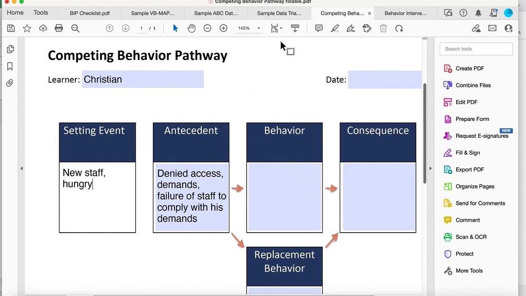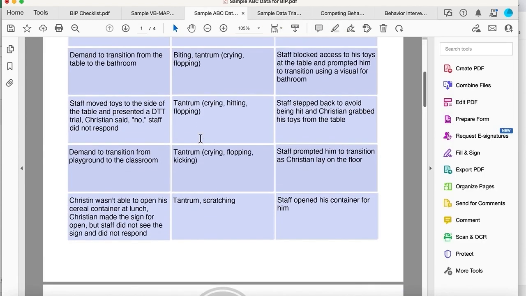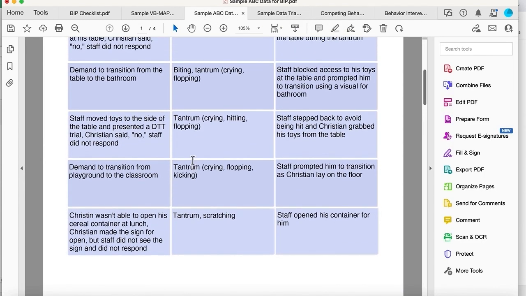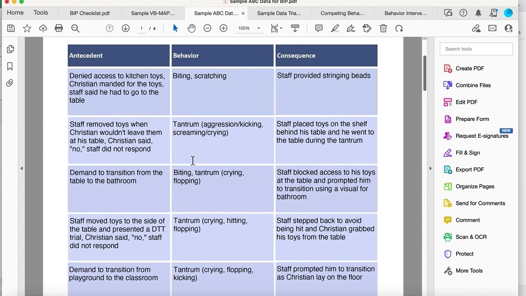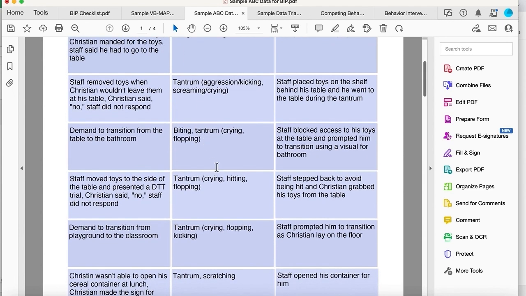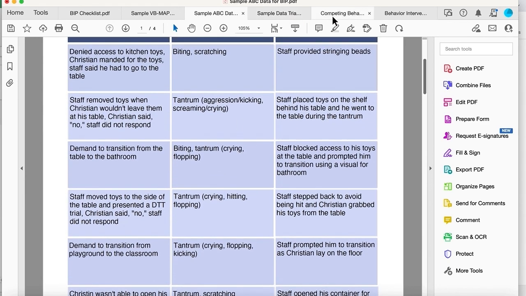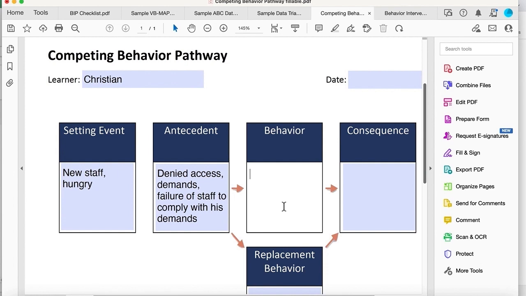Most common behaviors. If we look at the behaviors, we can see tantrums happening a whole lot, almost every time. Biting also happening pretty frequently, and some scratching. So if we go back to the competing behavior pathway, tantrums, and they all kind of co-occurred.